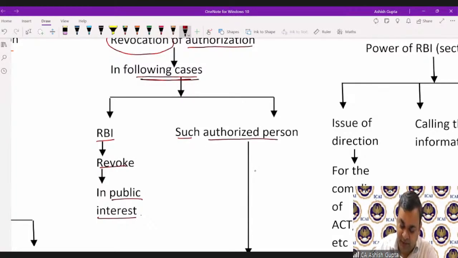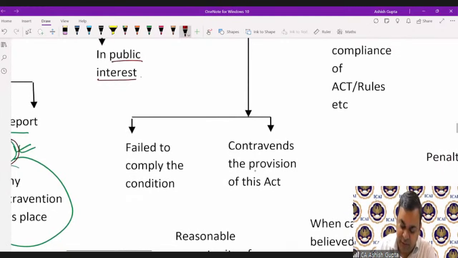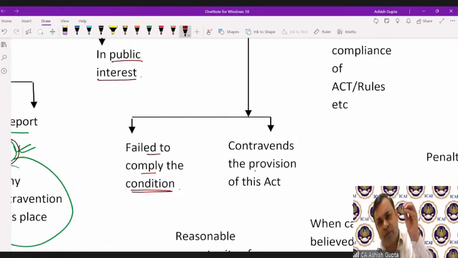Second, such authorized person failed to comply with the conditions. Conditions means whenever RBI is going to authorize any person as an authorized dealer, authorized person, money changer, or offshore banking unit, they will put some conditions over this authorization, right?